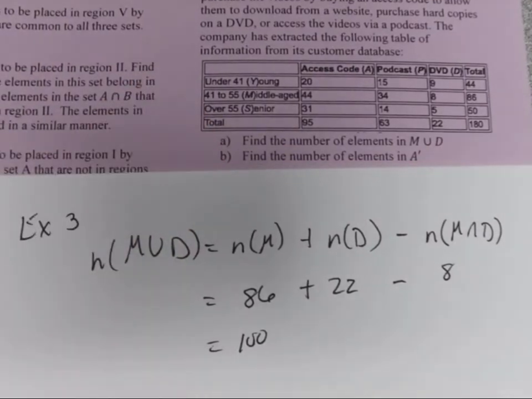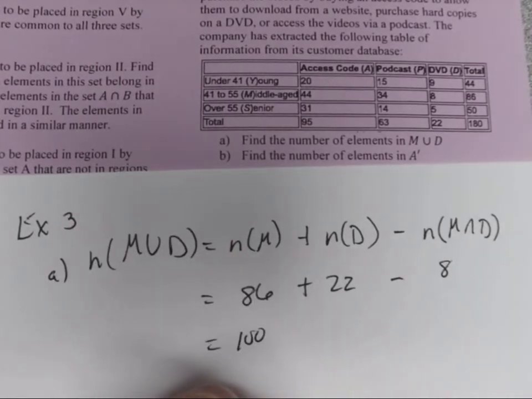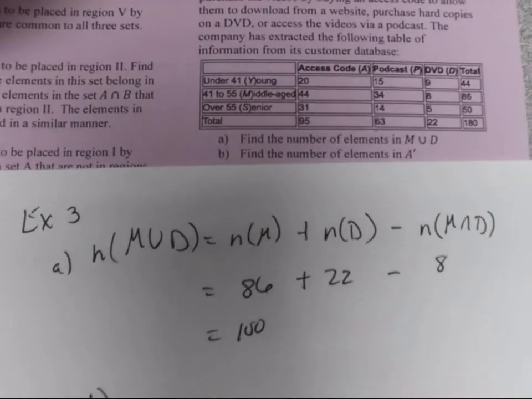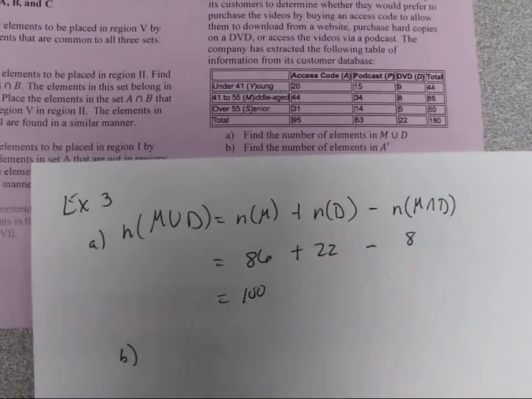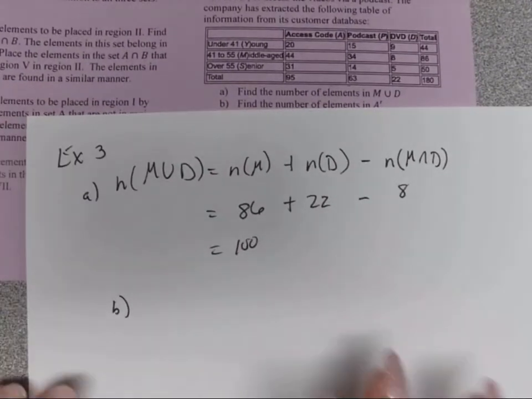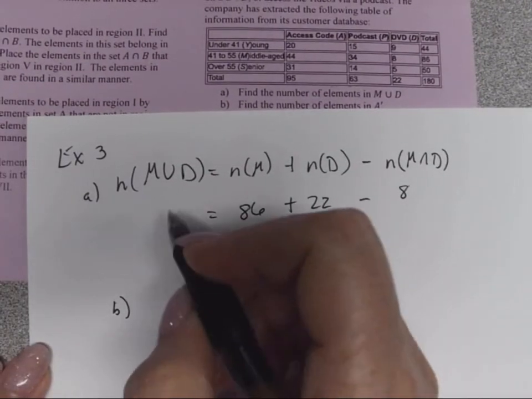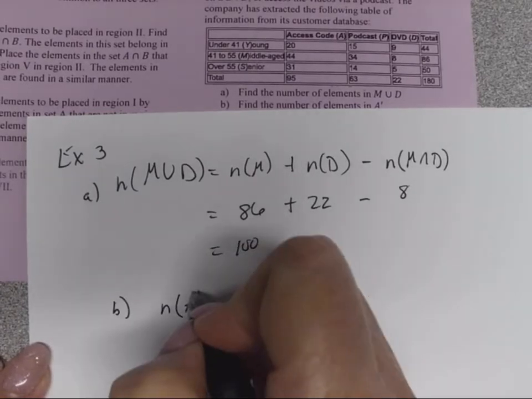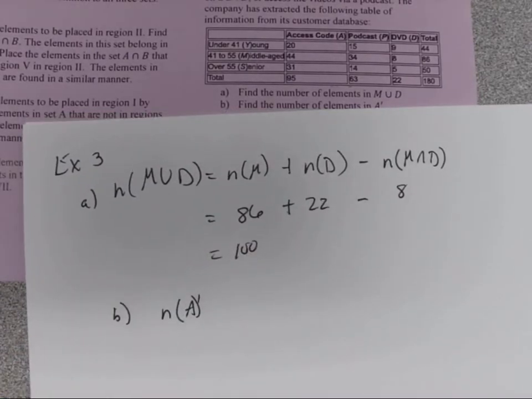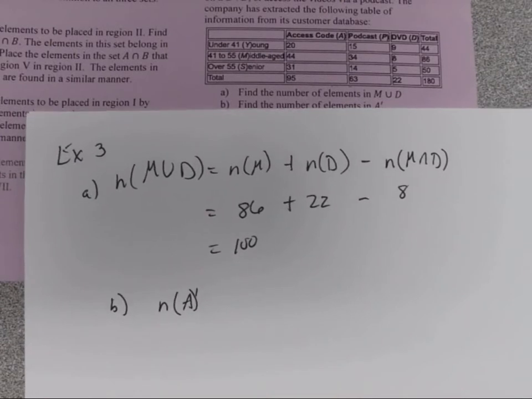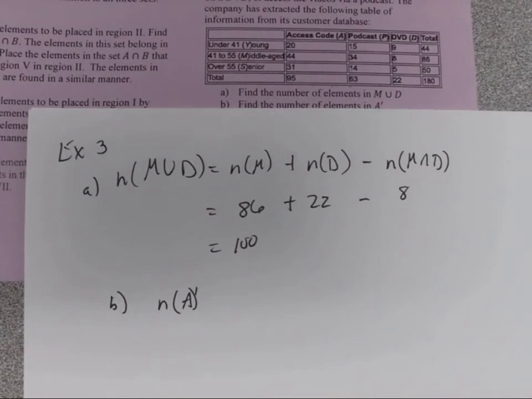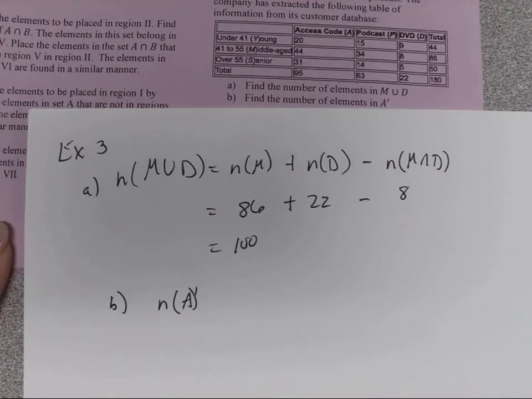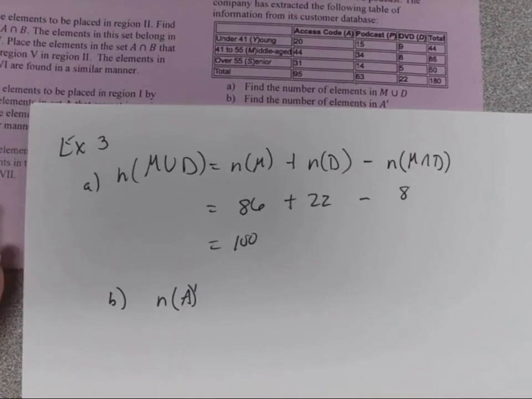Now we want to find the number of elements in A complement. This is part A, here's part B. I'm going to come up just a little bit so you can see. So part B, we want to find the number of A complement. Now remember, A complement means it's everything outside of A. So we want to find the number of elements in A complement, but we don't want to buy the access code.